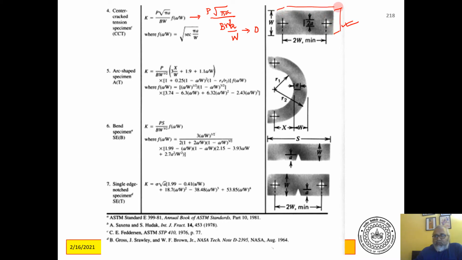So if the specimen is like this, this is b. So this is basically the area of cross section, and P by BW is sigma naught. So this is sigma naught root pi a, provided a by w tends to 0. So the crack is very small compared to the width of the specimen. So the crack is basically in an infinite plate. That's why you get sigma naught root pi a as the stress intensity factor. Otherwise, you would have to consider this geometric correction.